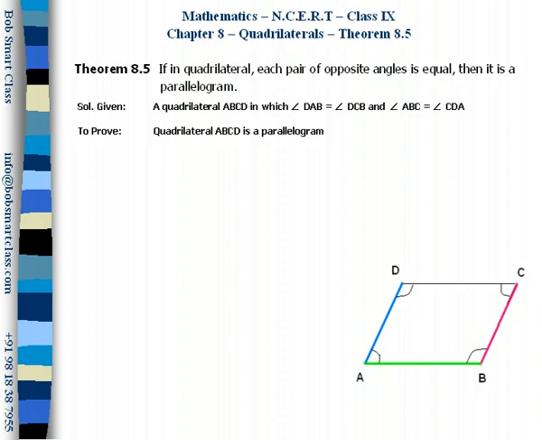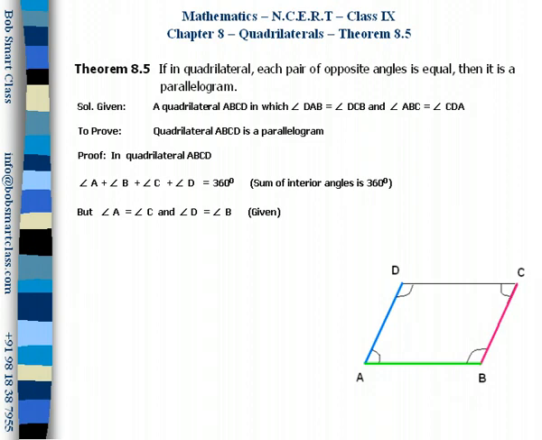In a quadrilateral ABCD, the sum of interior angles is always 360 degrees. Therefore, angle A plus angle B plus angle C plus angle D is equal to 360 degrees. But angle A equals angle C and angle D equals angle B, which are given in this theorem.